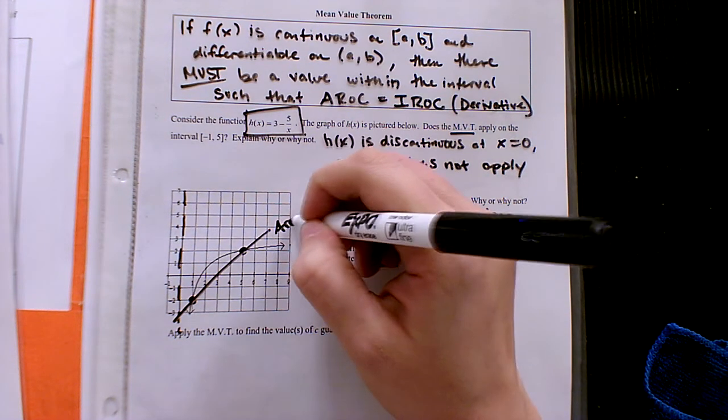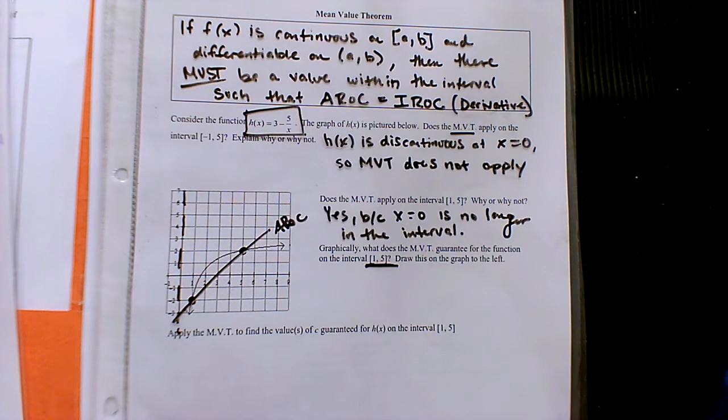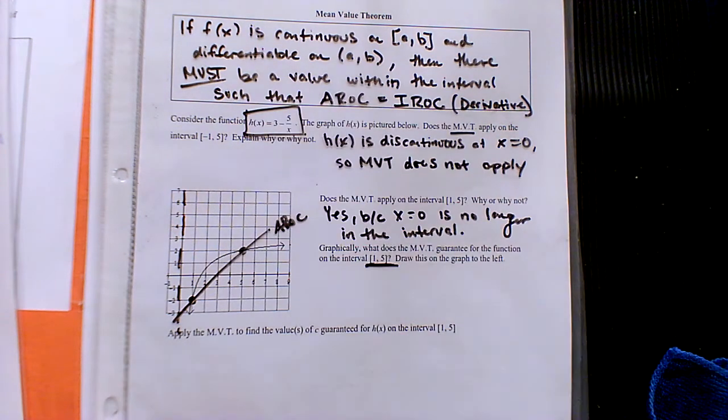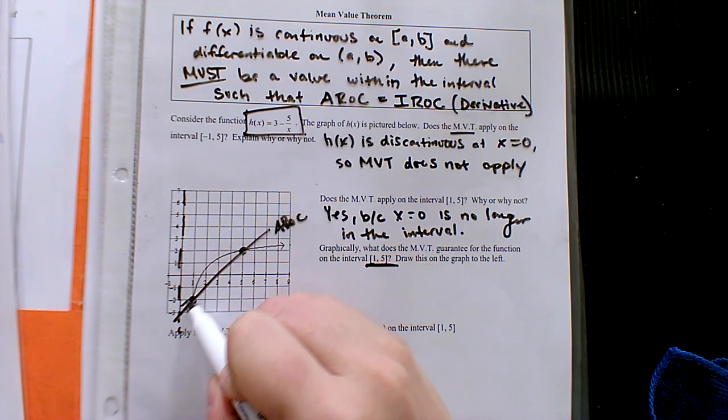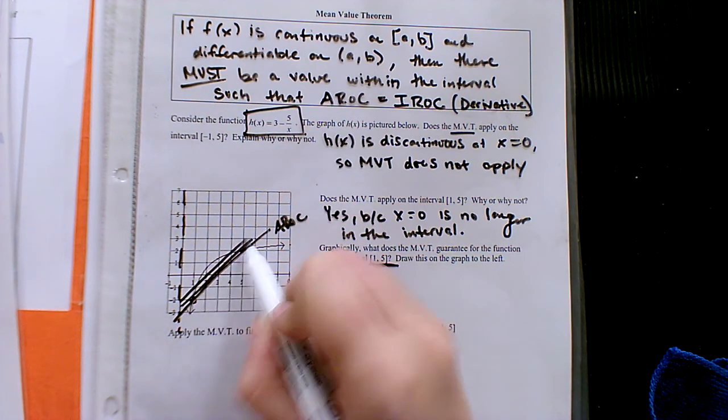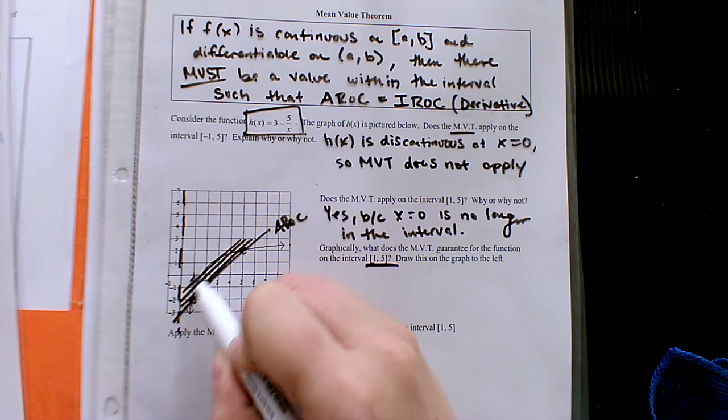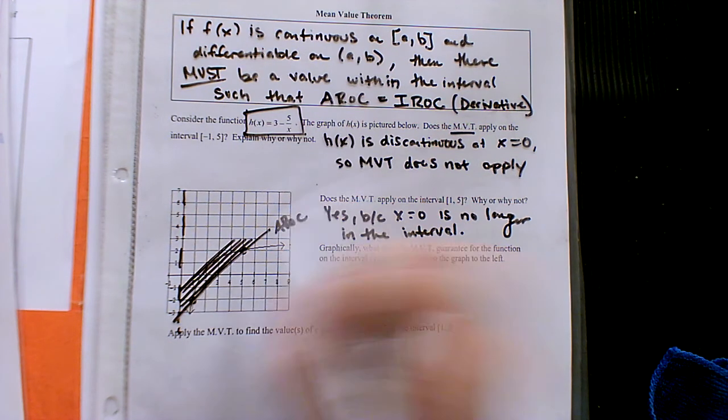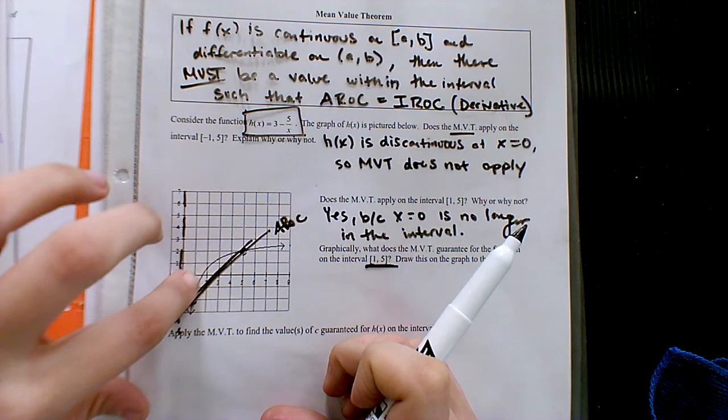Here's your secant line, average rate of change. If you were to shift that secant line up or down at all, would it eventually become a tangent line? If you kept the slope, wouldn't it eventually touch once right there? Maybe I have too many in there.